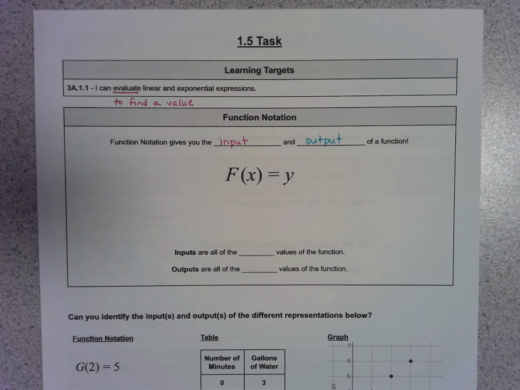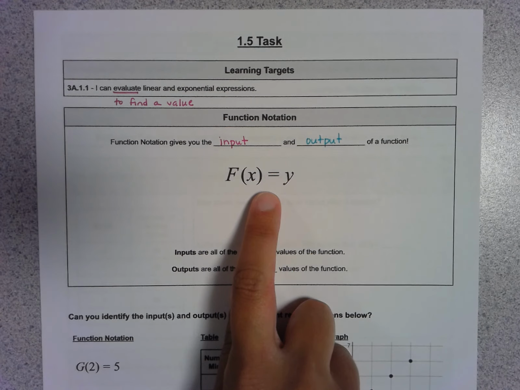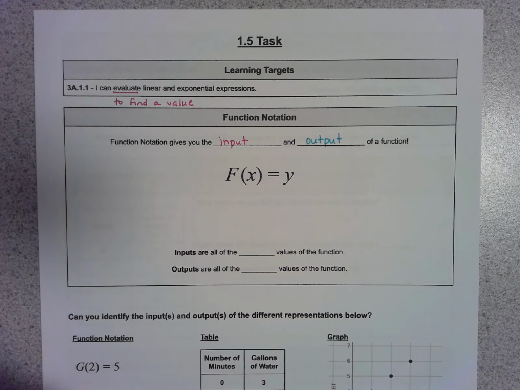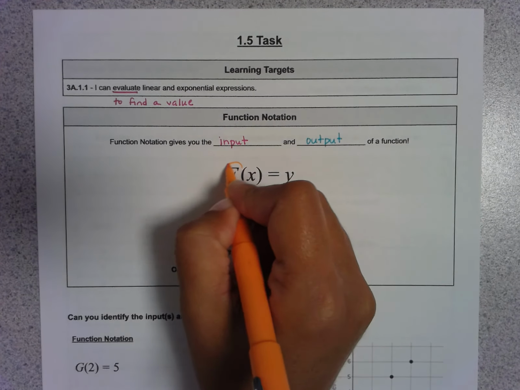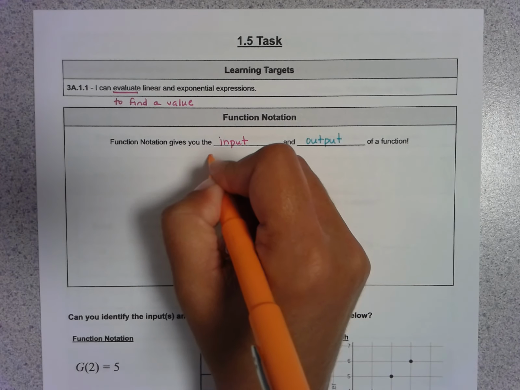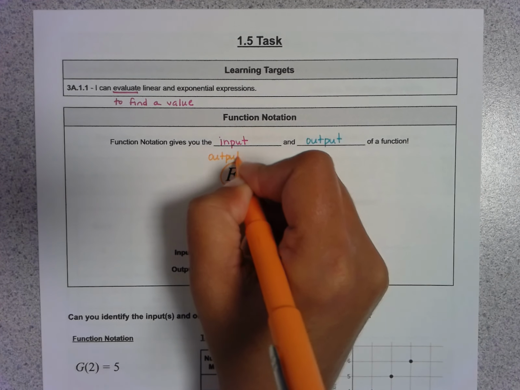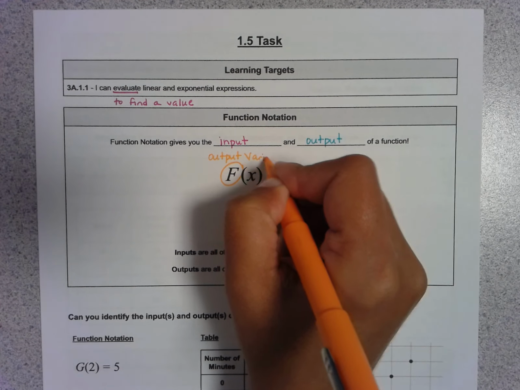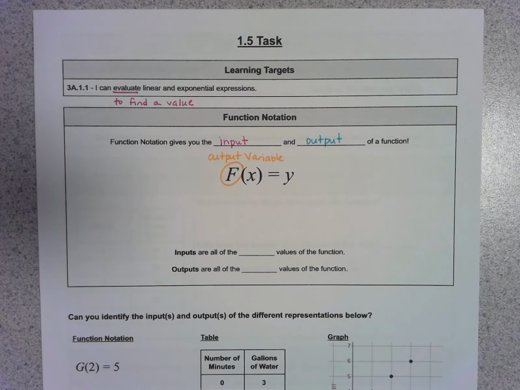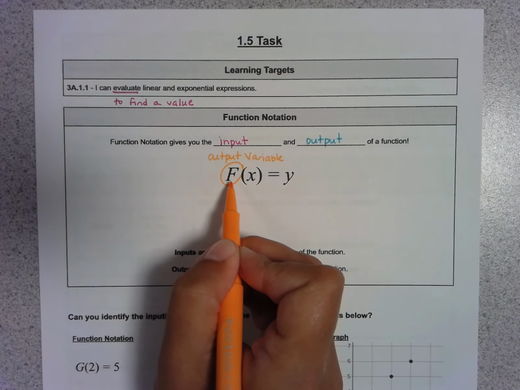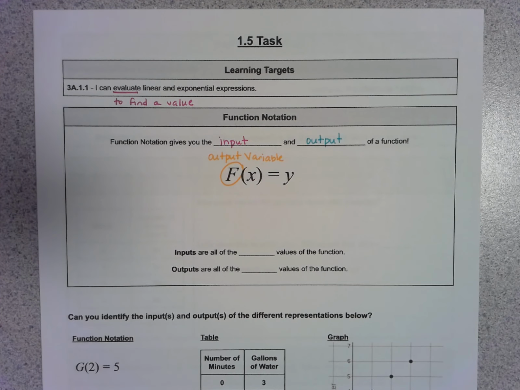Now, it's important to realize that function notation will just generally look like this. On the outside of the parentheses, this is going to be the output variable. For example, if we were measuring the number of boxes that we had, we might make this letter B. It's just the variable that represents the output that we're measuring.